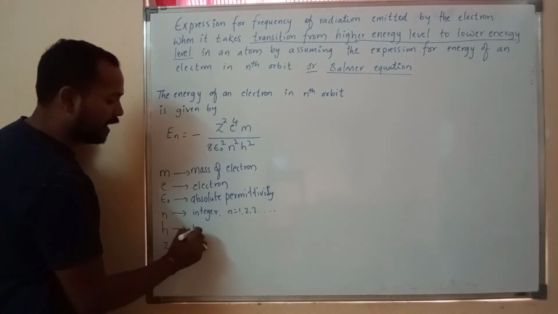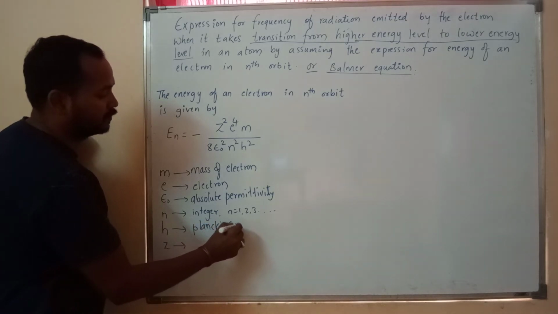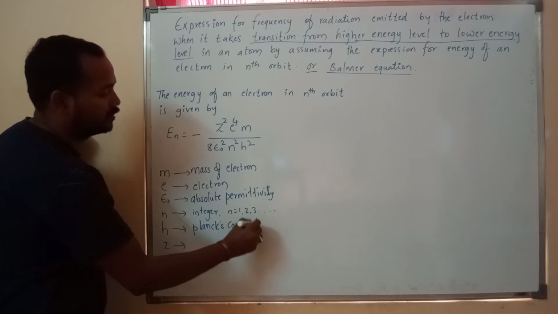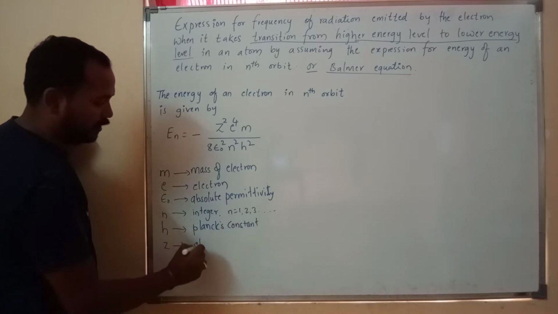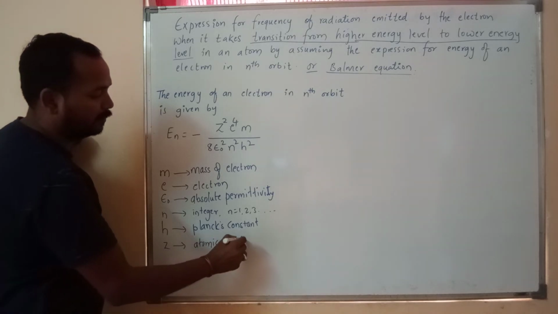Where h is Planck's constant, and Z is the atomic number of the hydrogen atom, or simply the atomic number.